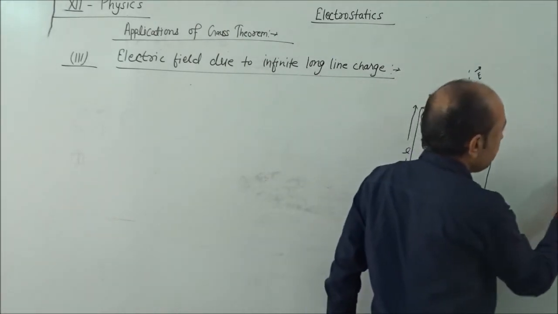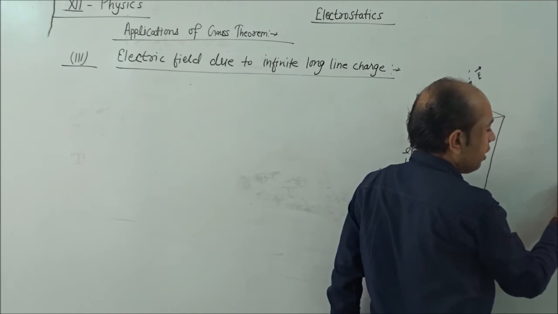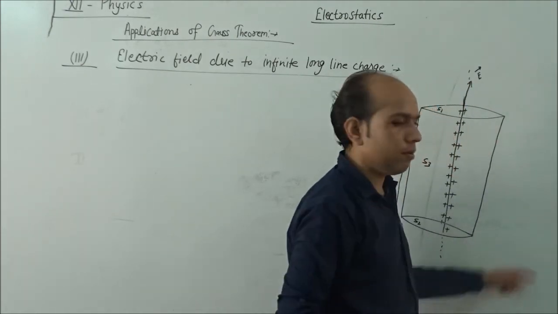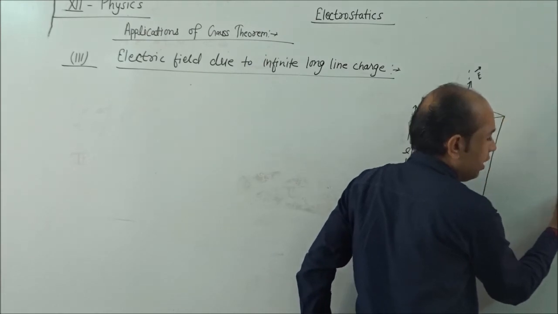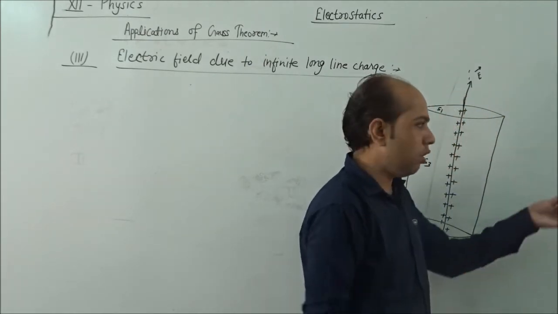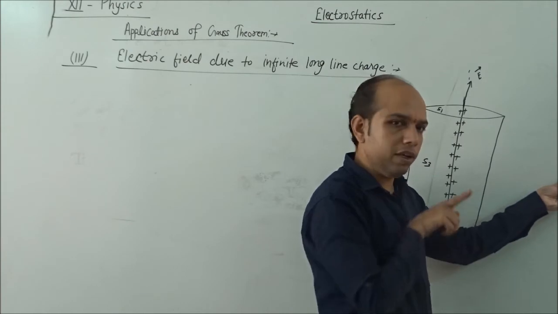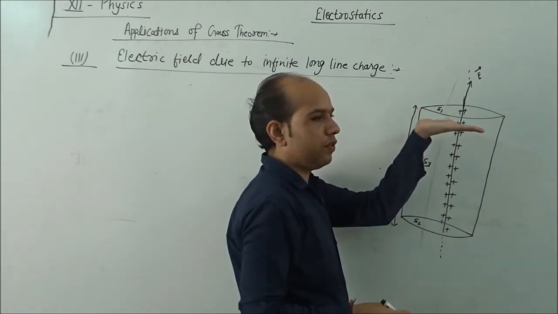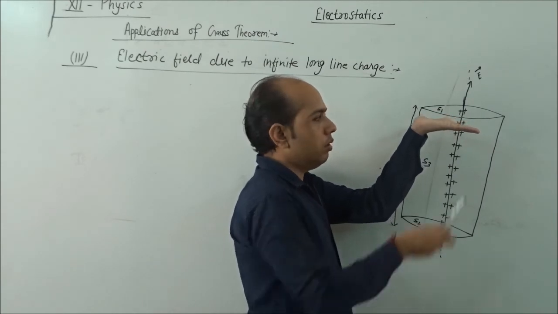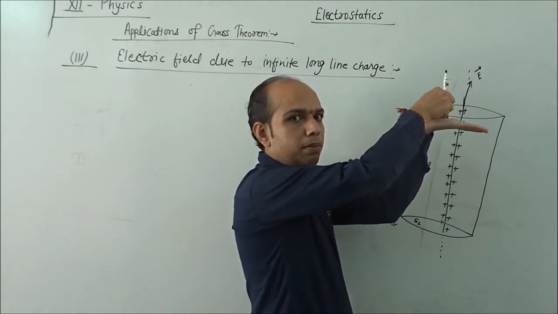If we take this small part on the board, this denotes small area ds, and its direction is always perpendicular, that means outward. Similarly, for the top surface, the direction is always perpendicular.